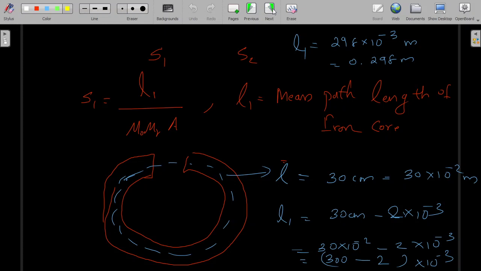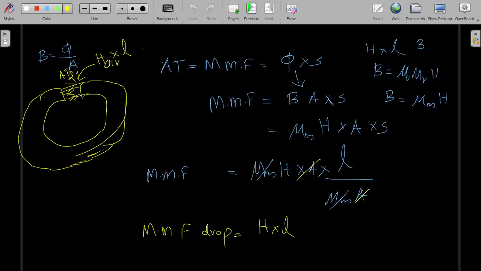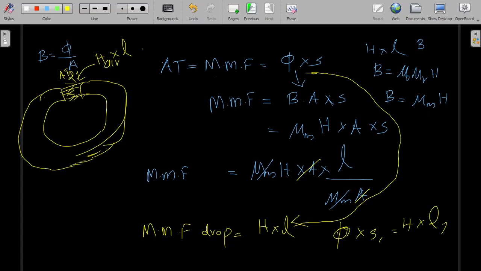But we have proved previously that AT is equal to phi into S, which can be reduced to H into L. So phi into S1 will be equal to H into L1, and phi into S2, because it is a series magnetic circuit, phi will be constant for both materials, can be replaced by H into L2.